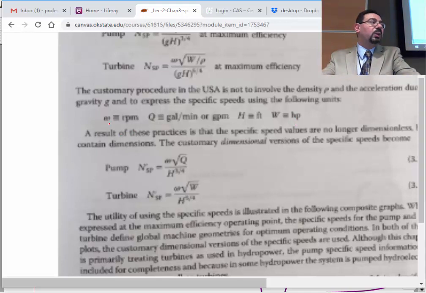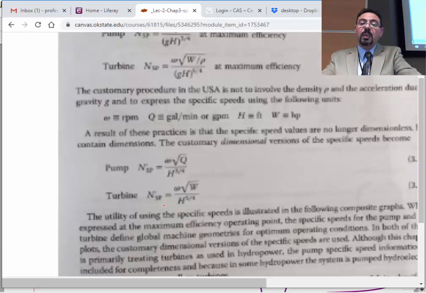And for omega, we don't want to use radians per second. We want to just use RPM. It's more convenient. So if we use those things, let's forget about the g, who cares? If we use horsepower and feet and RPM, then the specific speed is going to have units. It's not going to be dimensionless.